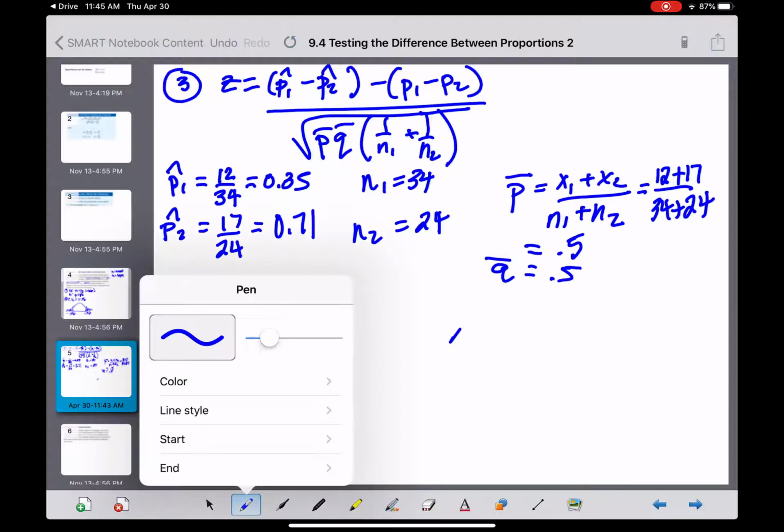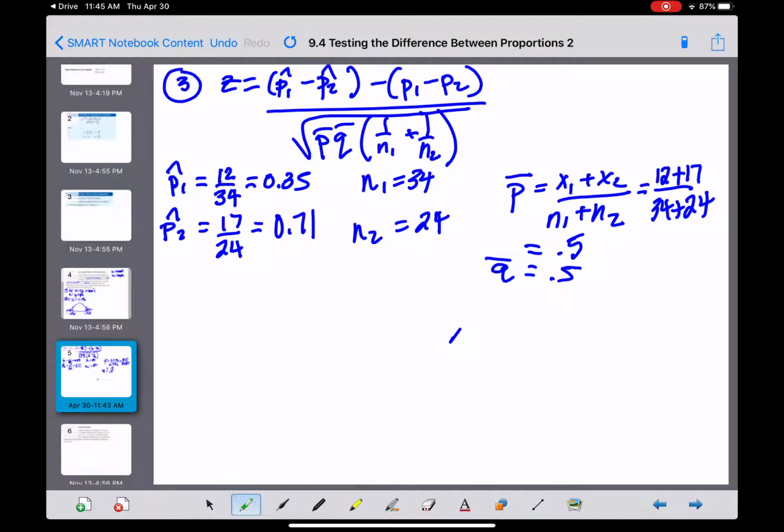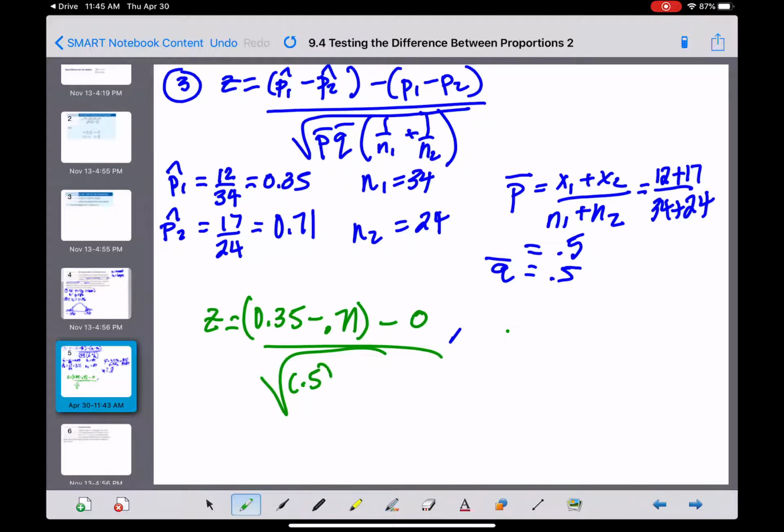Now plugging those in, our p1 hat is 0.35, p2 hat 0.71, minus, remember we're hypothesizing that they are the same, so this is minus 0, divided by the square root of 0.5 times 0.5 times 1 over 34 plus 1 over 24. And that gives us negative 2.70.